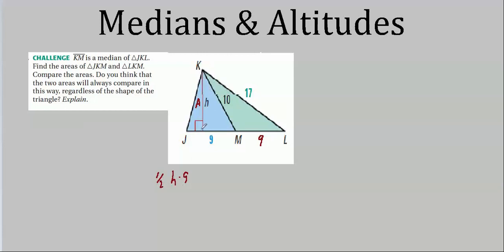That gives us our altitude. And our base is 9. So this is the area of this one, and we'll call that area sub 1, or A sub 1. A sub 2, well, that's still going to be 1/2 H times 9. Well, it looked the same to me.